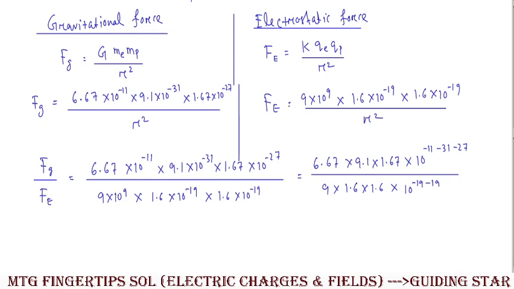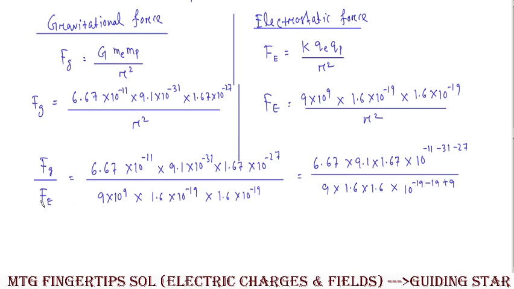Let me check one second whether it is properly written or not. So 6.67, 9.1, 1.67, 10 to the power minus 11 minus 31 minus 27, okay. Next, 10 to the power 9 minus 19 minus 19, so it will be plus 9. Okay, fine.